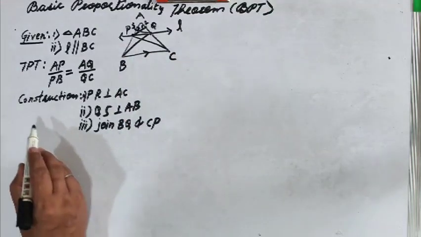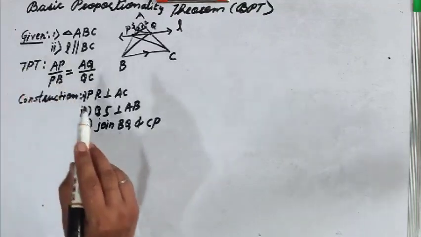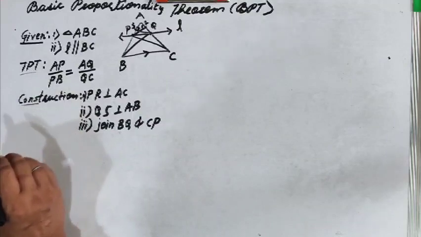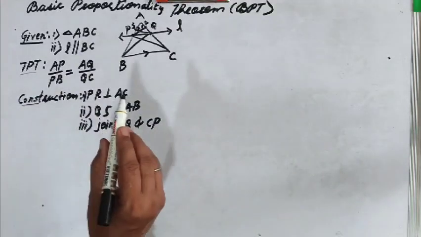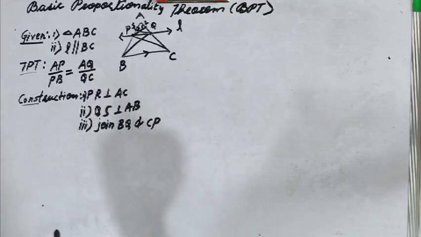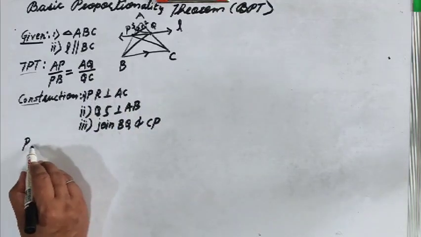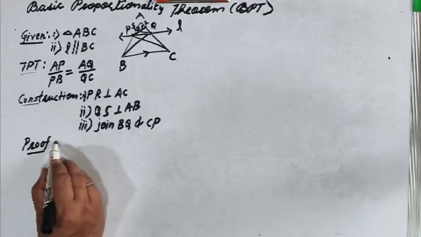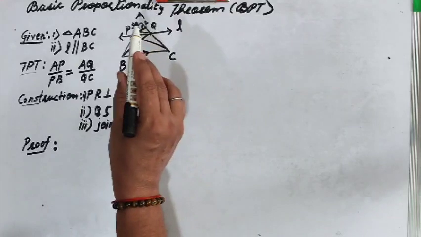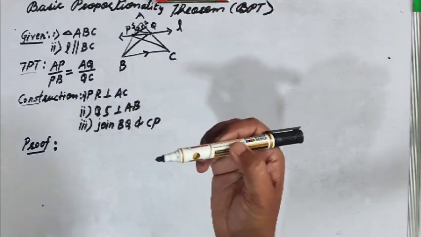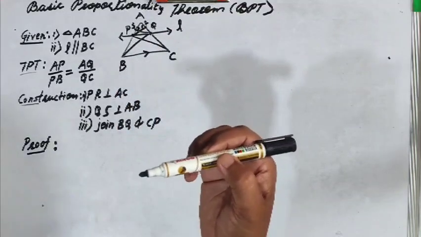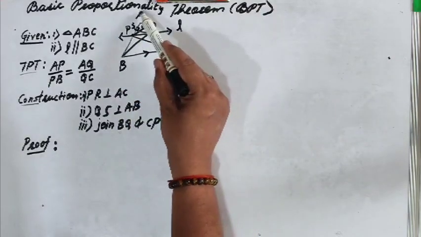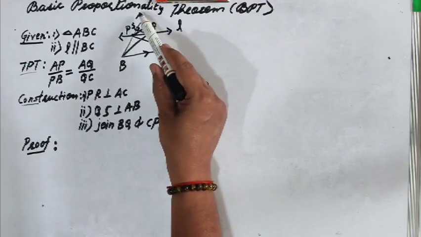Now after writing the given, to prove that, and the construction, I am going to start the steps of the proof. So under the proof you will write, first in triangle, now look here, I am going to prove it with the help of the area of a triangle. So I will take triangle APQ, the triangle which is formed at the top.